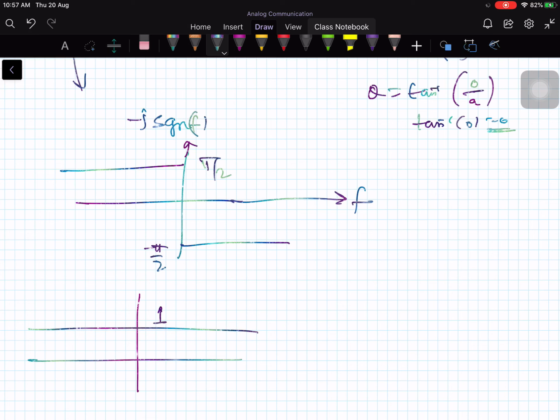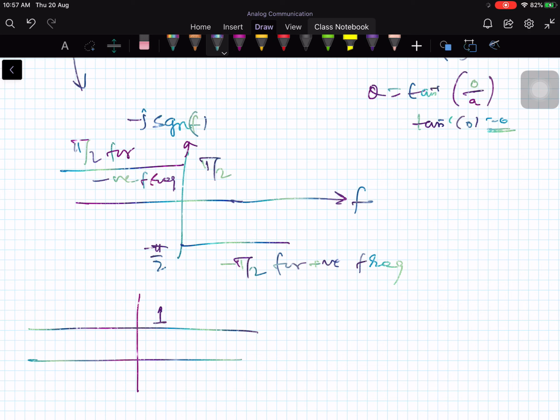That means this filter is not attenuating your signal. It is simply passing the signal as it is without any disturbance to the amplitude, but it introduces only the phase shift. So it provides minus pi by 2 for positive frequencies and plus pi by 2 for negative frequencies.